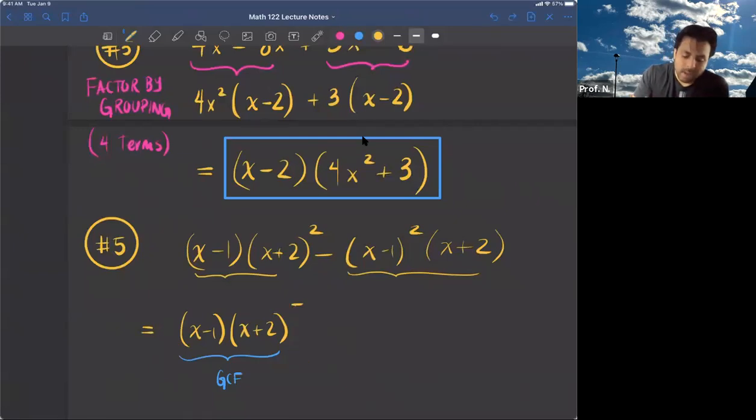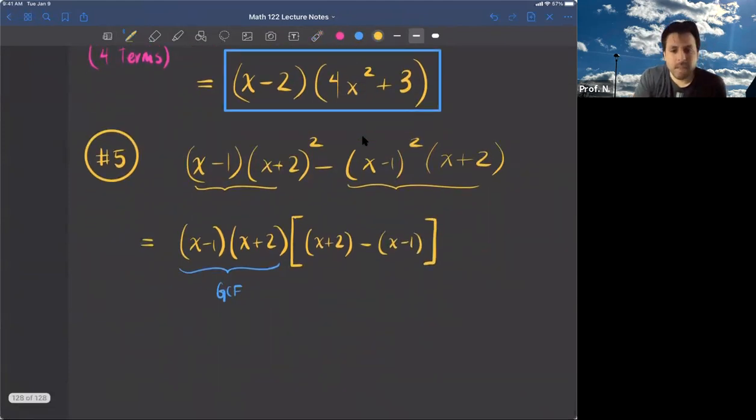What's left over when I factor out an x minus 1 and when I factor out an x plus 2? Well, what's left over is the x plus 2. Do you see that? And then if I factor out an x minus 1 here and an x plus 2 here, what's left? X minus 1. Does everybody see that?